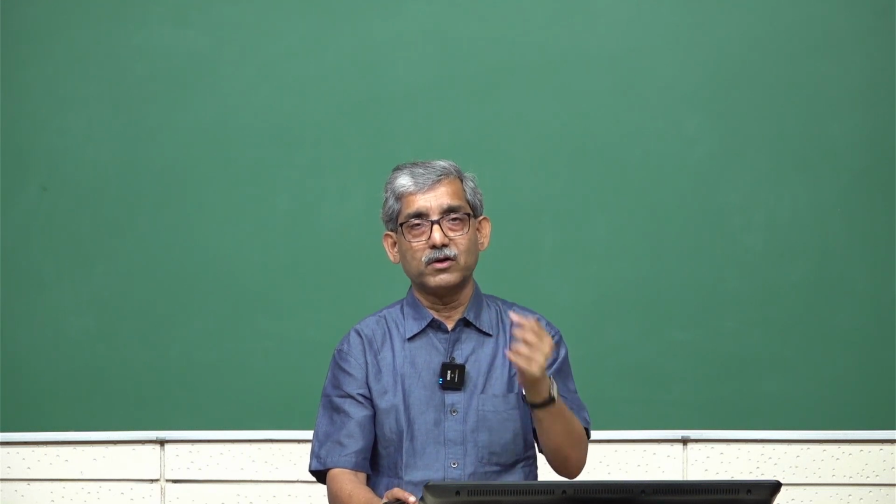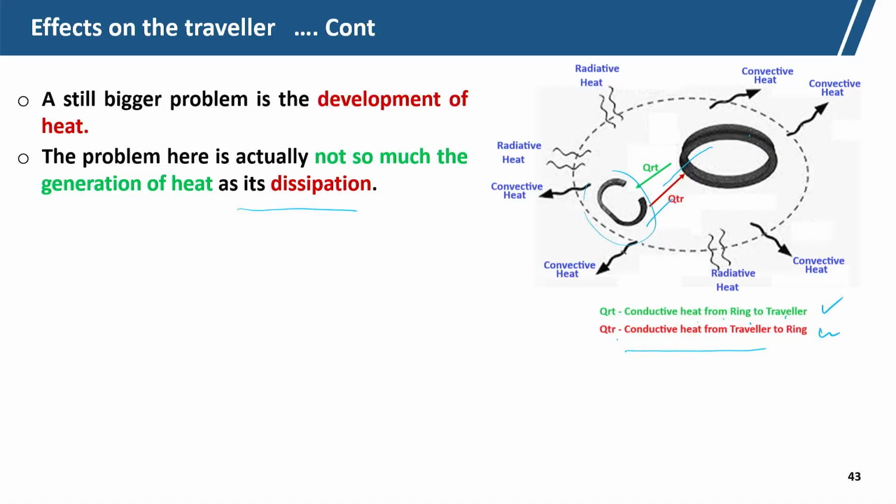And in the modern ring traveller zones, along with the other developments, the contact area between ring and traveller has actually increased, that we will discuss subsequently when we see the high speed traveller ring. Now, the heat is getting transmitted from the traveller by convection, conduction and radiation.